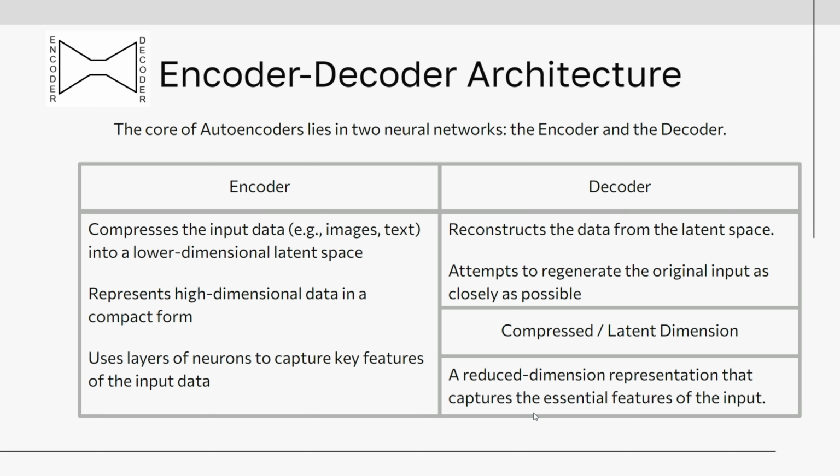It uses different neural network layers like CNN, LSTM or RNN to process the input data and allow it to learn so that the compressed region has the most useful information that can be used to reconstruct that particular input data back.